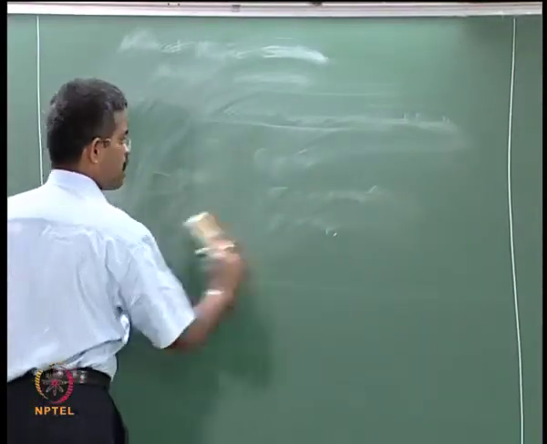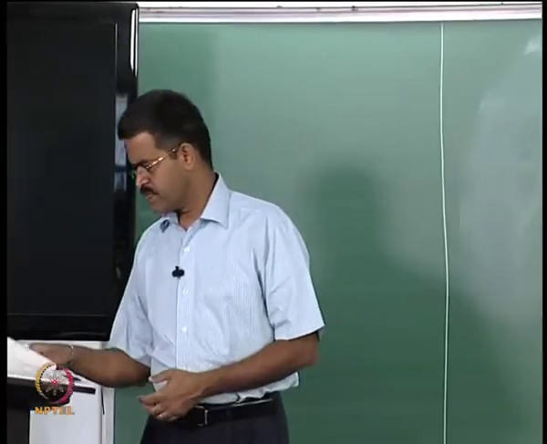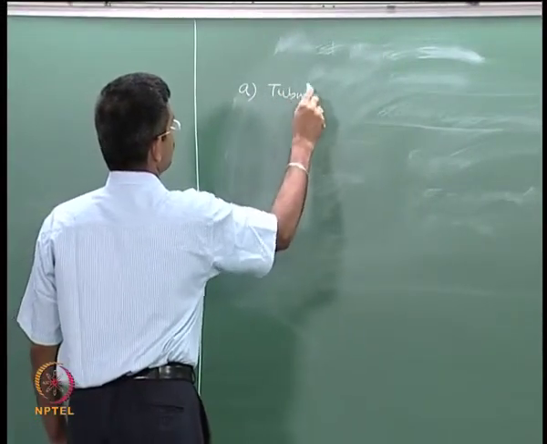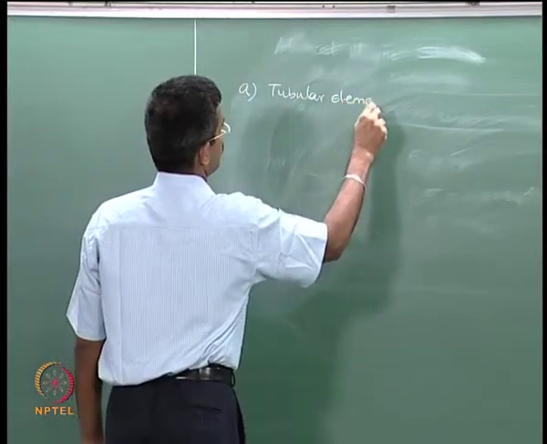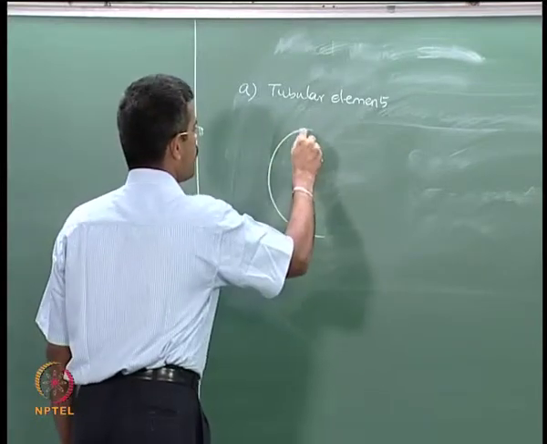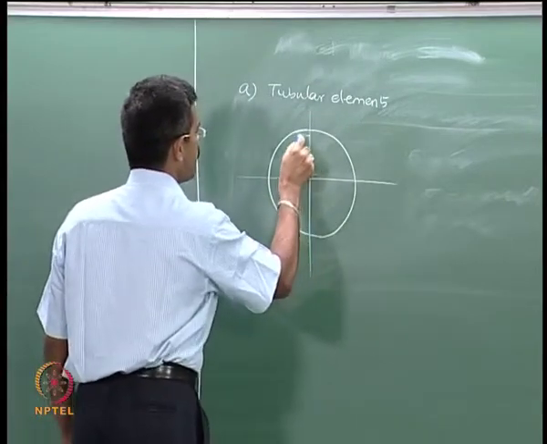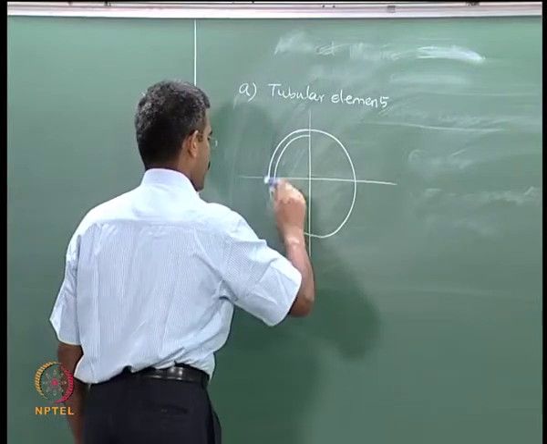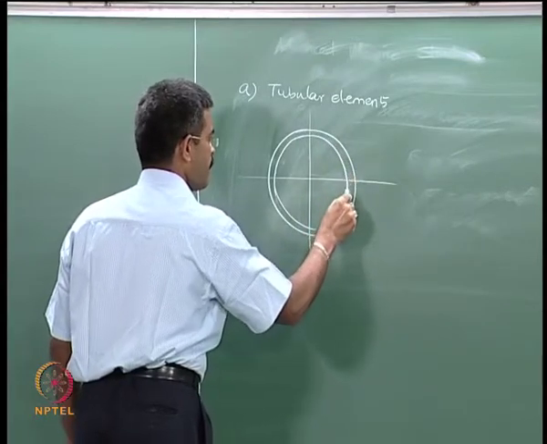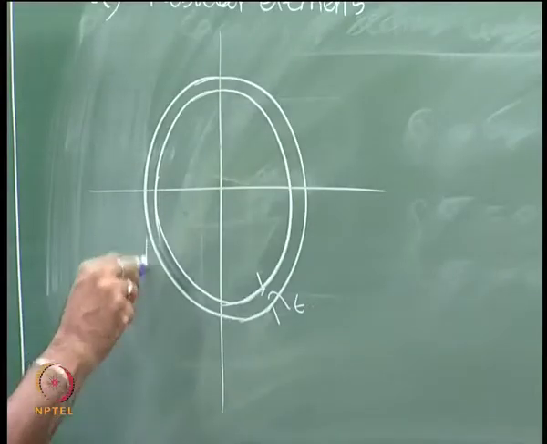So how do you establish a compact limit for a given section? If you look at tubular elements, let us say I call this T and I call this D.